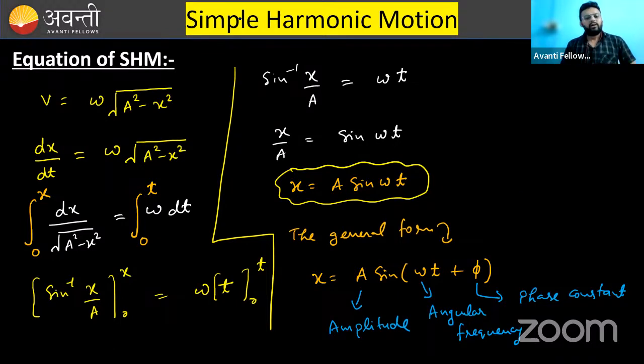So what you need to remember after the session: what is periodic motion, what is oscillatory motion, what is SHM. These three things. If you add some boundaries in periodic motion, then it will become oscillatory motion.